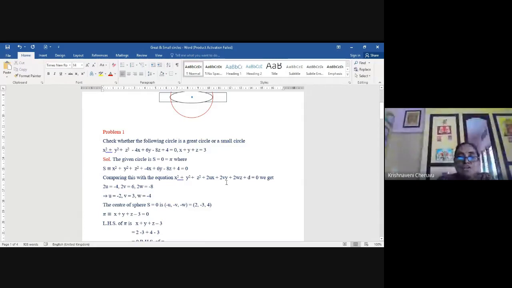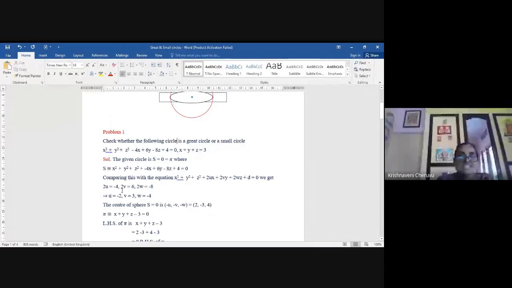And here the y coefficient is 2v. Here the y coefficient is 6. And here the z coefficient is 2w. Here the z coefficient is -8. So you compare the given sphere with the general equation of the sphere. Comparing means like terms, girls. So coefficients of x, y, z, I compared and I got 2u, 2v, 2w. 2u is the coefficient of x, -4. 2v is the coefficient of y, 6. 2w is the coefficient of z, -8.